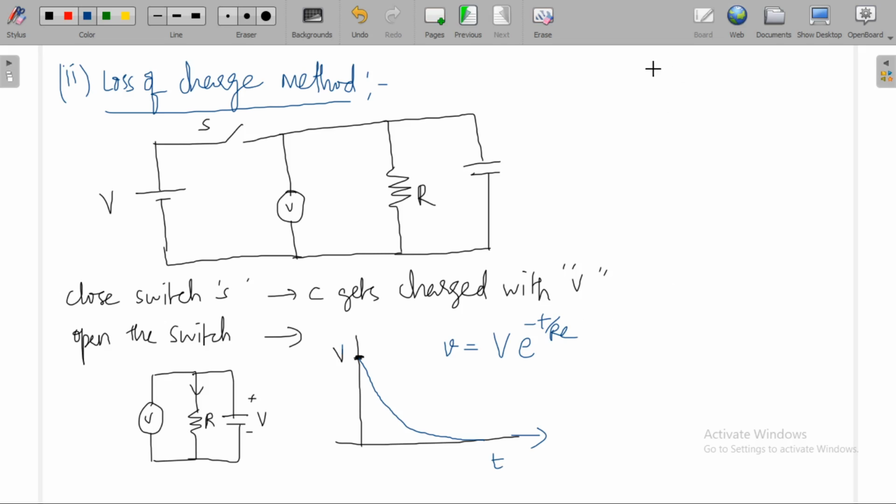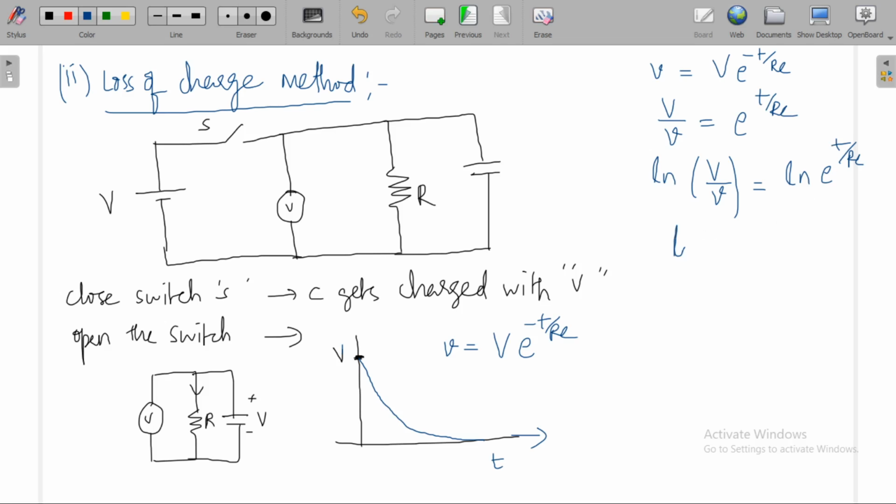So this is the voltage across the capacitor while discharging. v is equal to capital V, the initial voltage across the capacitor, into e power minus t by RC. So this is nothing but capital V by small v, which is equal to e power t by RC. Apply log on both sides: ln of capital V by small v is equal to ln of e power t by RC. ln means log base e.